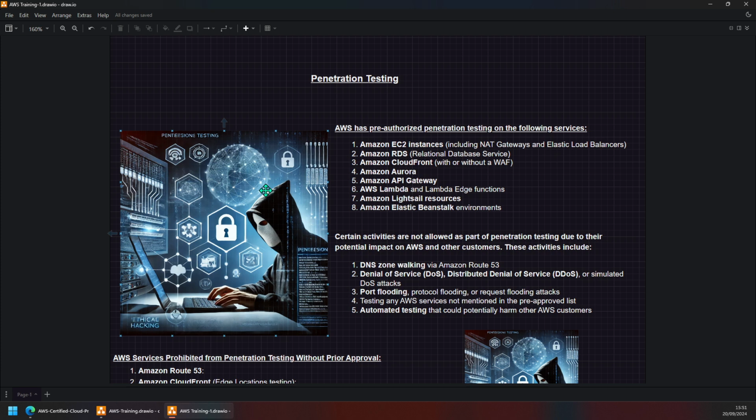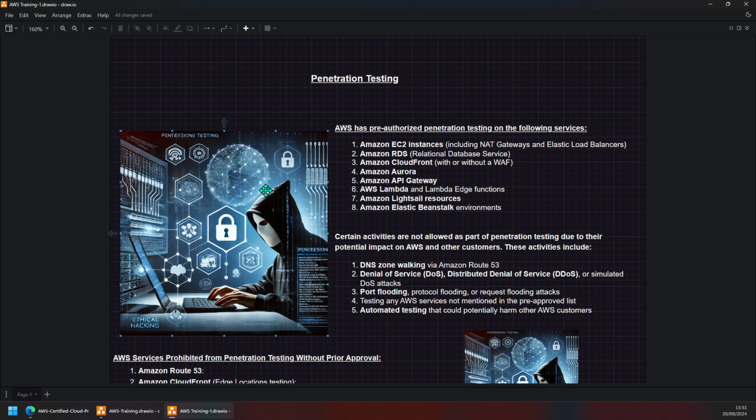Some of these you've not seen so far, so that's all right. You can get more information about these services at a later point of time, because we're going to cover all the services. And what are the activities that are not allowed, even for the services where penetration testing is allowed? Even for the allowed services, you cannot do these activities.